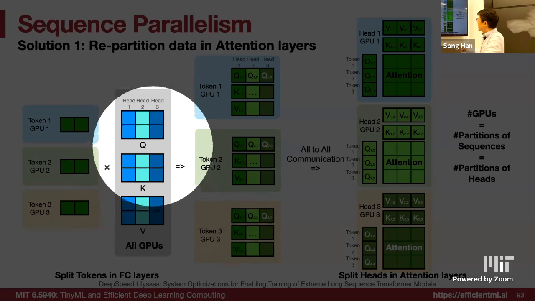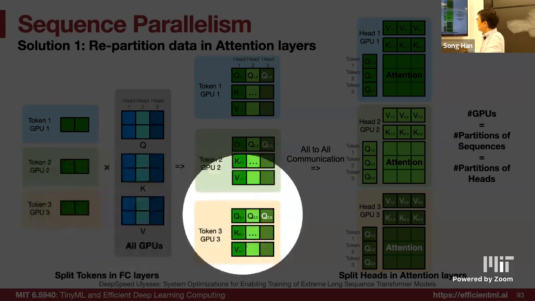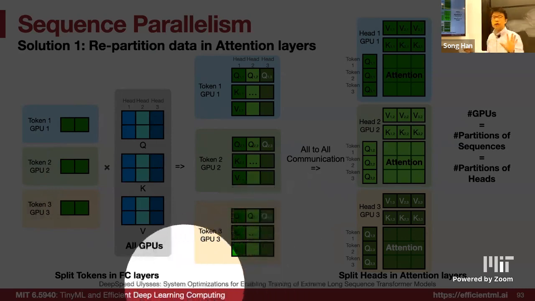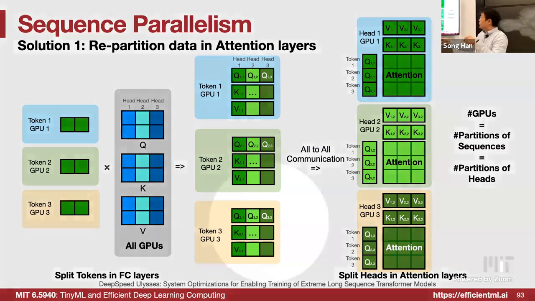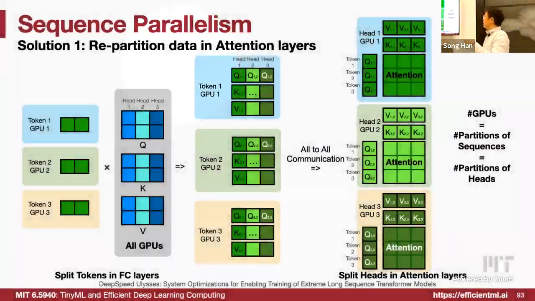So by multiplying this 2 by 3 matrix with the 1 by 2, we get 1 by 3 for the Q and for K and for V. Okay, so far so good. Each GPU is responsible for only 1/3 of the tokens, in different colors.